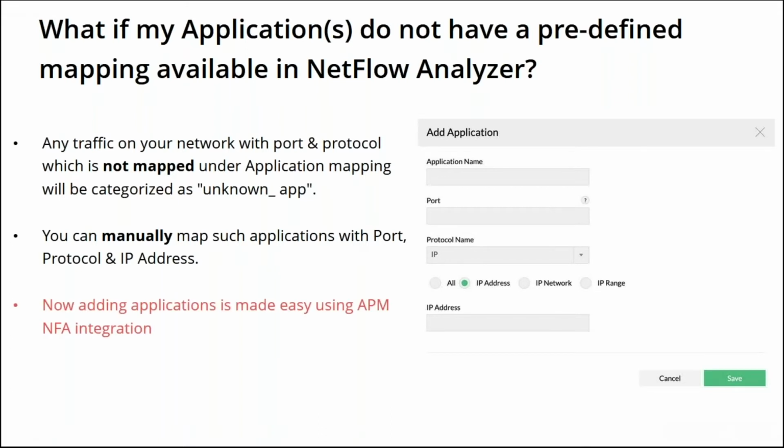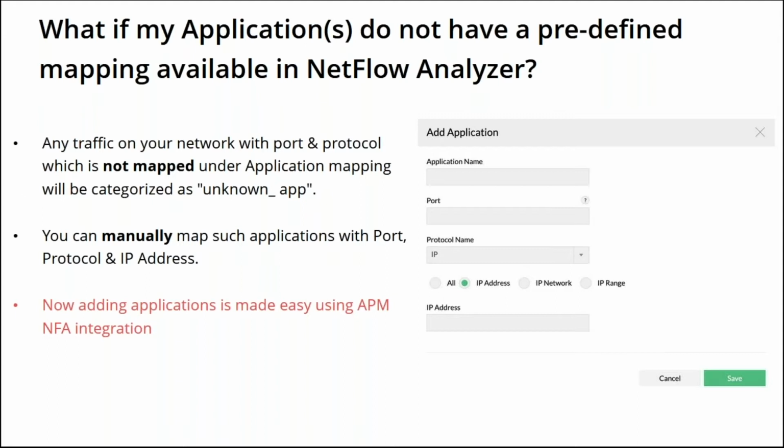Okay, now adding the applications is made easy using this particular integration that we are talking about. When we are integrating Application Manager and NetFlow Analyzer, this is the problem that we had: those applications I'm using in my network, I want to monitor the traffic used by those applications.